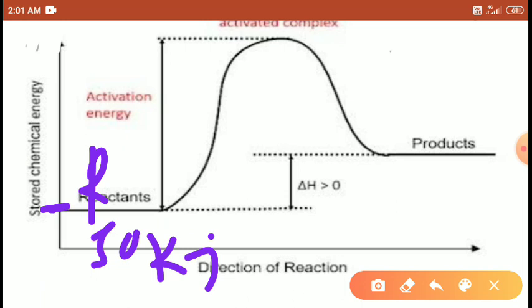For the reactant to turn into product, it must acquire some additional energy. How does the reactant get the additional energy? By supplying temperature.